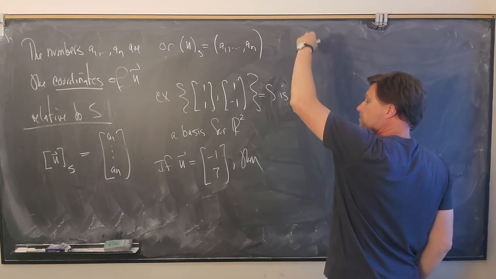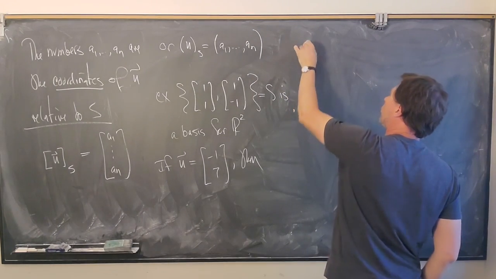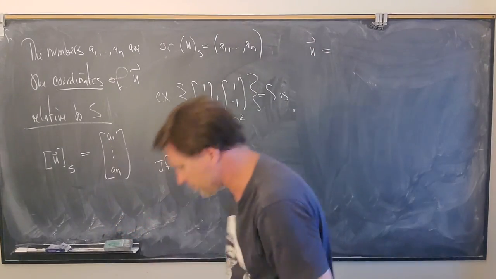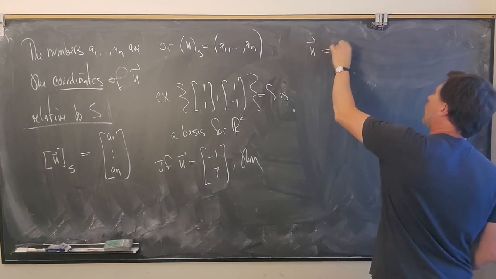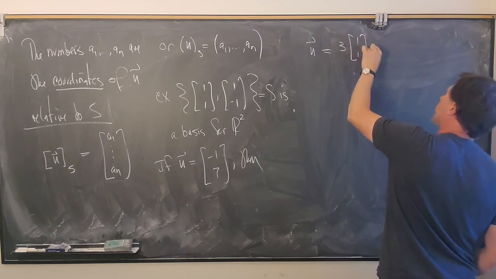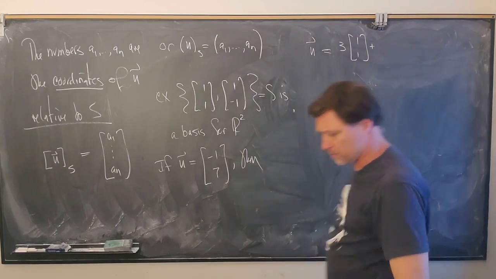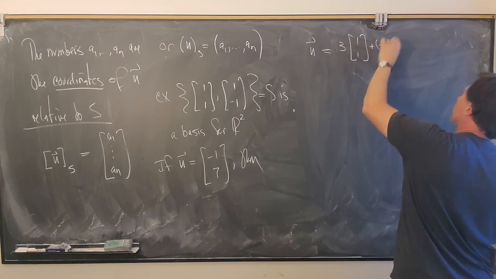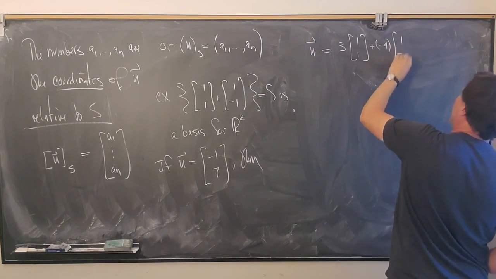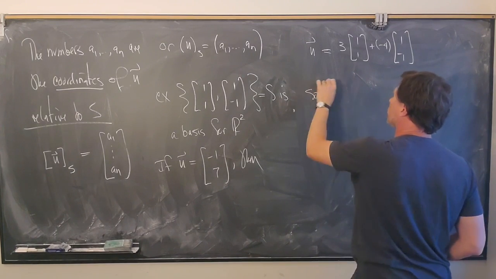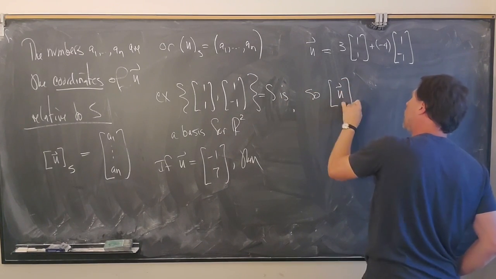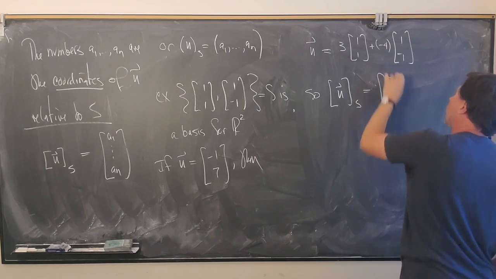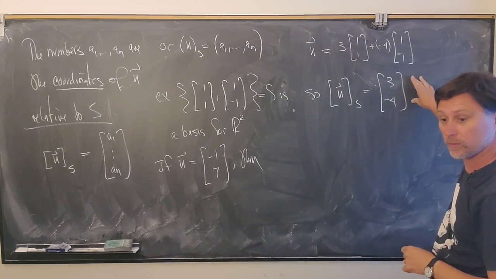So then u is equal to 3 times (1, 1) plus, I think it's minus 4, yeah, negative 4 times (1, -1). So the coordinates of u relative to our basis S, like that, are (3, -4).